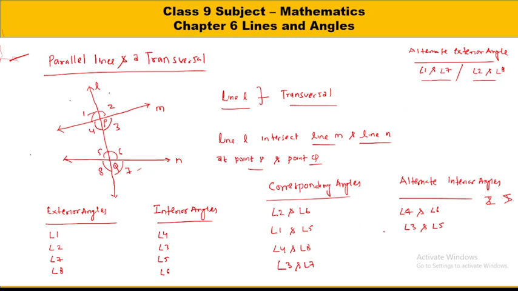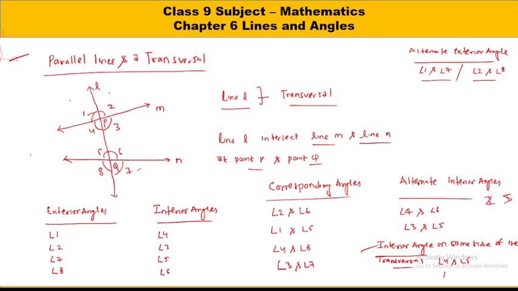Another type of pair of angles which are there here is interior angles on the same side of the transversal. In this one we find that angle 4 and angle 5 are interior angles on the same side of the transversal.